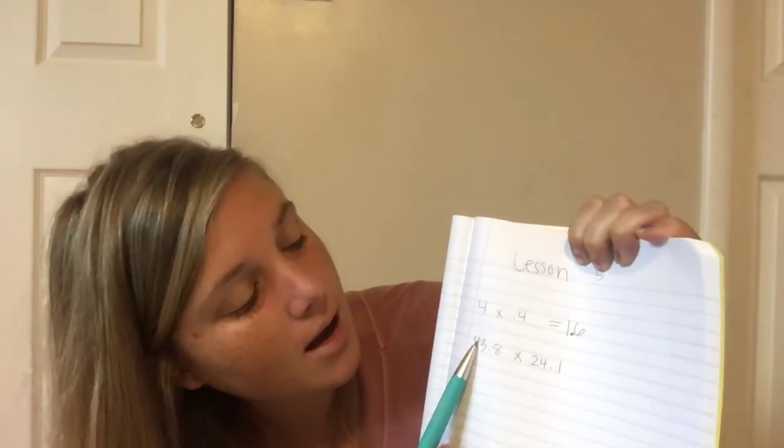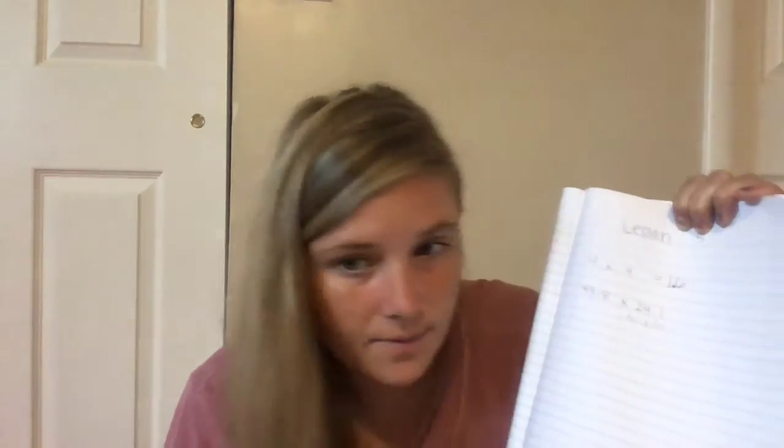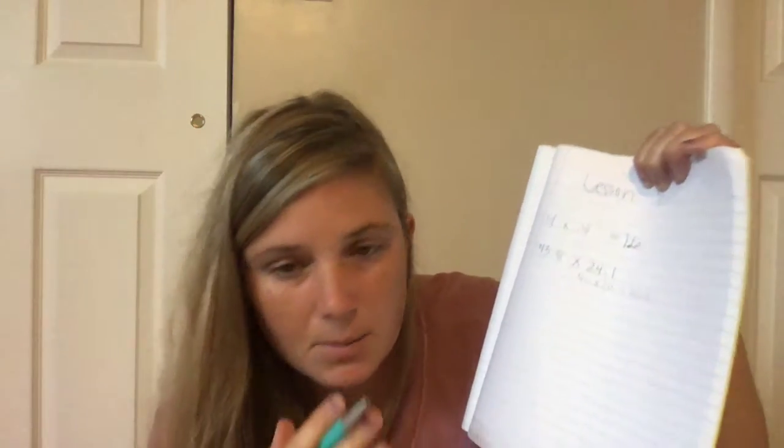We say, about 40 times 20. So in our heads, we do quickly 40 times 20. What does that equal? 800, right? So we know that our answer is going to be around 800. It's going to be somewhere around 800, right?